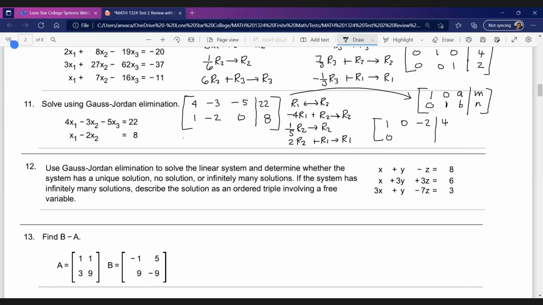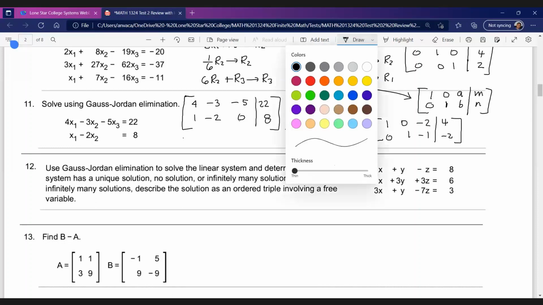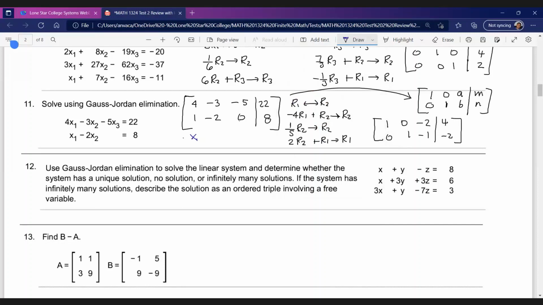0, 1, -1, -2. Okay, so when we write this in equation form, we then can say, this is x1 minus 2x3 is equal to 4, and x2 minus 1x3 is equal to -2.